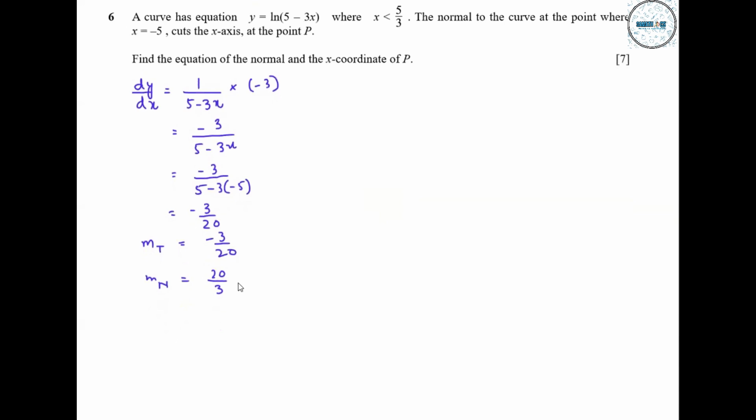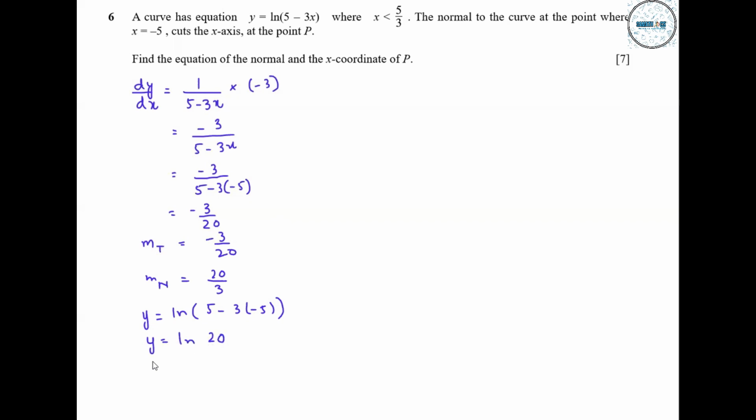Now we have got the gradient for normal. Now we have the value of x as minus 5. We have to find out the value of y so that we can make the equation. For y, we will substitute the value of x in this equation, which is minus 5. So we have y is equal to ln(5 plus 15), which would be 20.